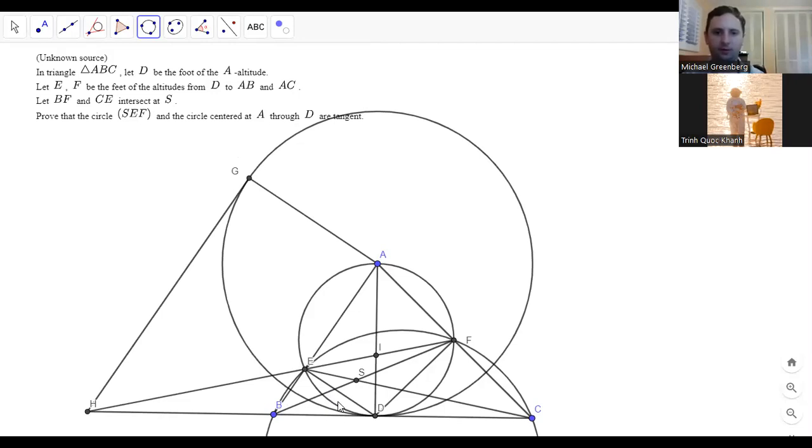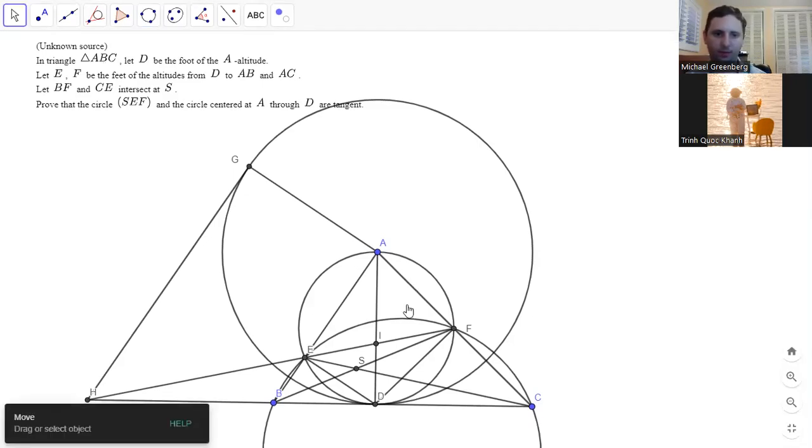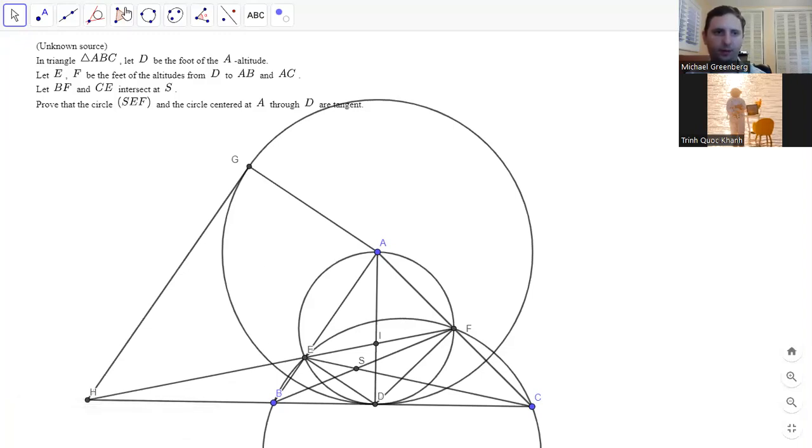So, oh, and then we just have Brocard's theorem, right? So basically S, yeah, let's draw the center of this circle. I think we're making progress here.